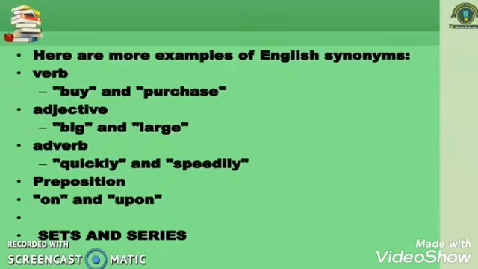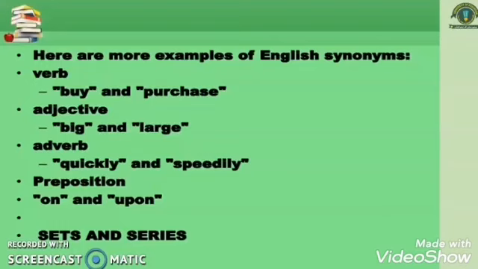Well, there is another example of English synonyms which we can observe in comprehensional analysis, which is verb. When we use the words buy and purchase, both have the same sense and are used in the same situation.